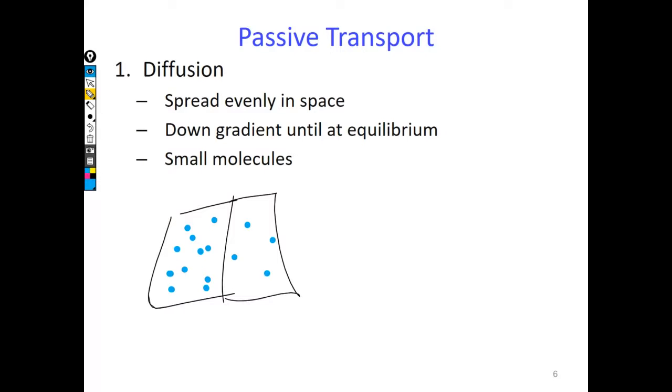Okay, if I'm going to do any kind of passive transport, the key feature here is these first two bits. Okay, moving down gradient. So what does moving down gradient mean?